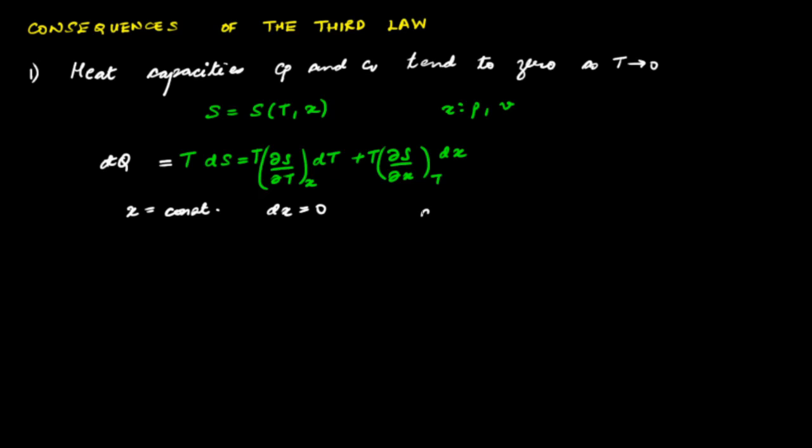Therefore, we get dq by dt, that is the heat capacity at constant x, from here would simply be T del S by del T at constant x. And this is the case when x is kept constant.